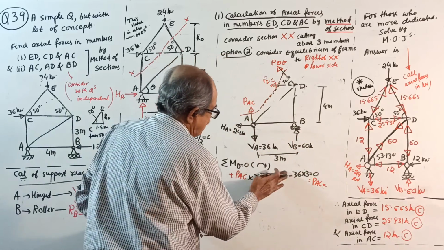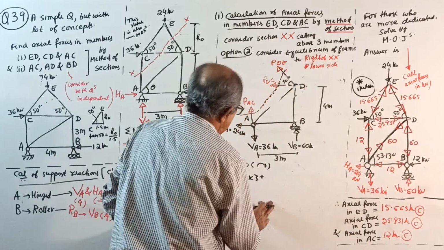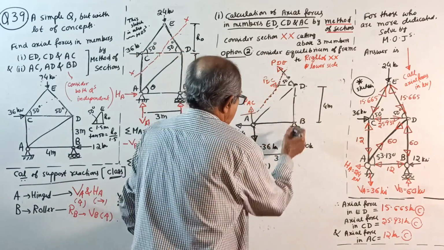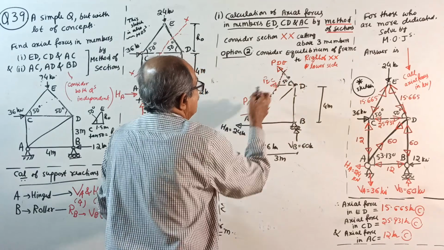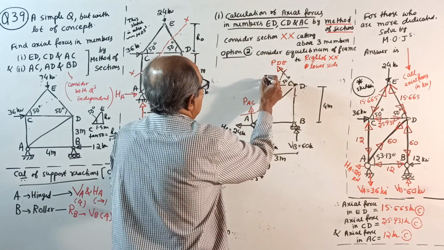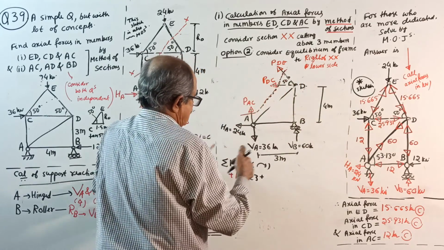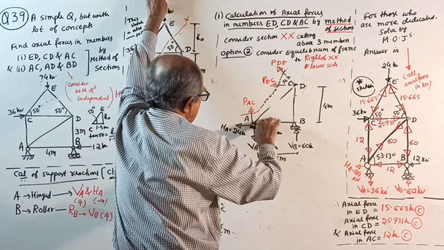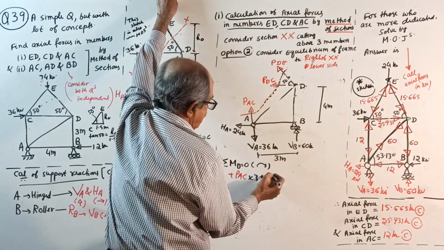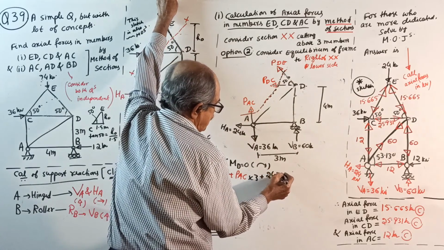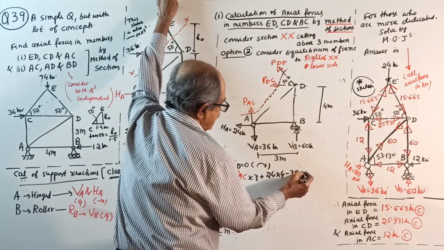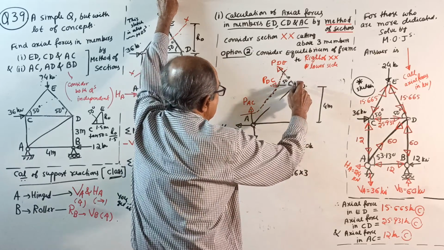What is this? Moment about D, correct. PDC, start. Plus PAC into 3 plus 24 into 4 minus 36 into 3, anything else?